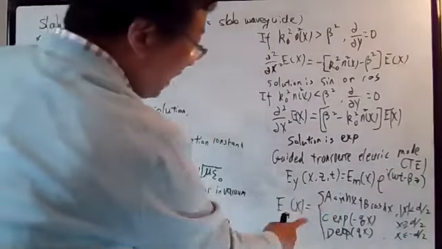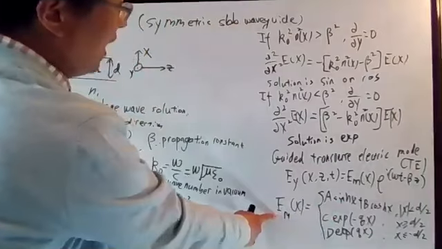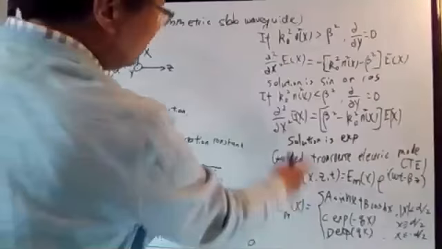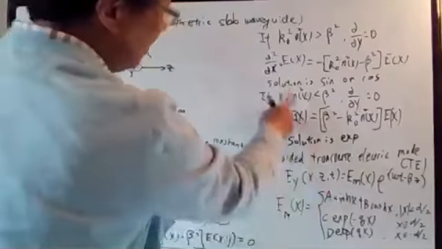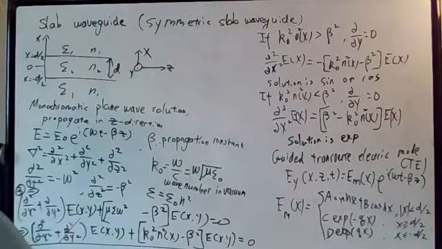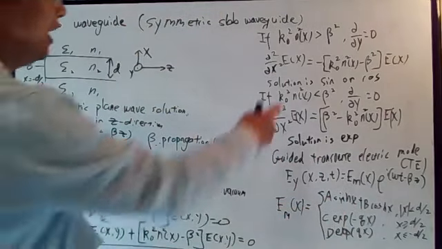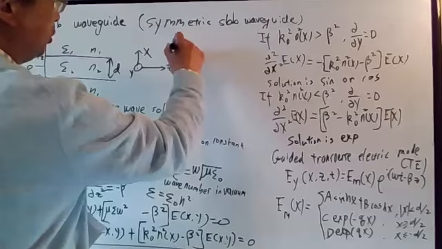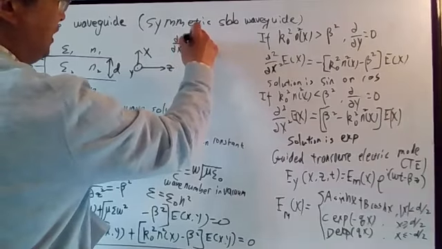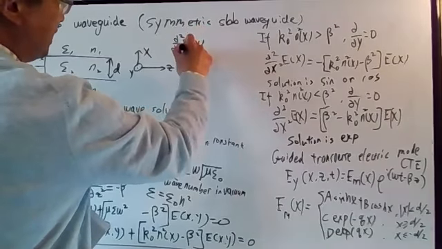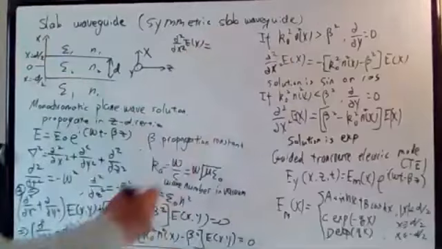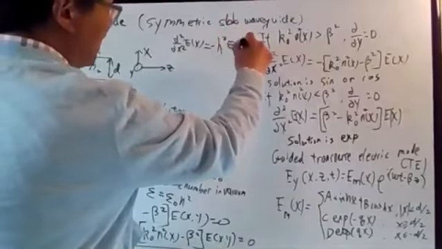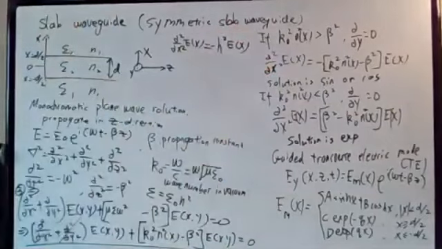If we substitute them into the original equation, if we substitute a sine hx there, the second derivative of Ex is going to be negative h squared Ex, right?